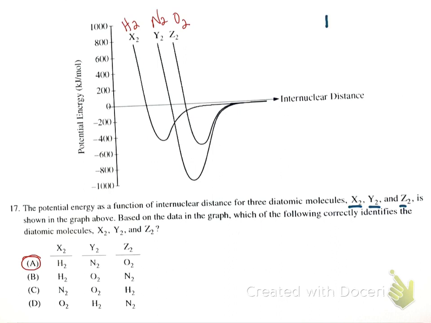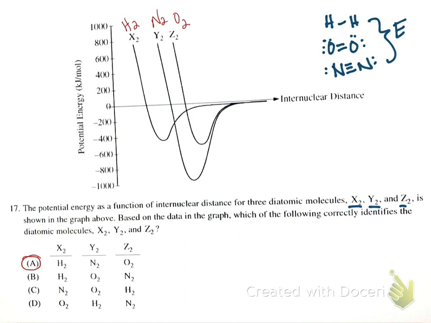All three diatomics. One of the things we always want to think about when we look at those Lewis structures, they love doing these because you have a single, double, and triple. Single, double, and triple are definitely going to tell us the energy being stored there.